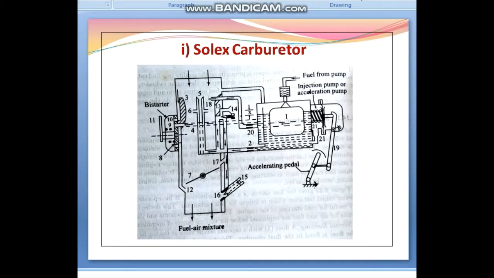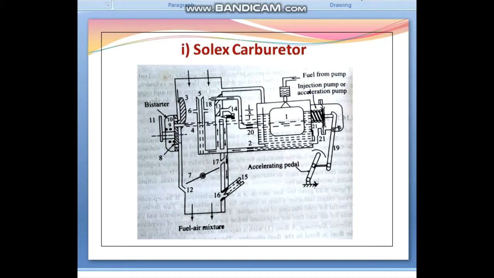This forms an emulsion which is sent down the vertical tube below the throttle valve, past the idling volume control screw, that is number 15. The idling adjustment is done by the idling adjustment screw, that is number 15. The idling speed can thus be varied and set to a desired value.